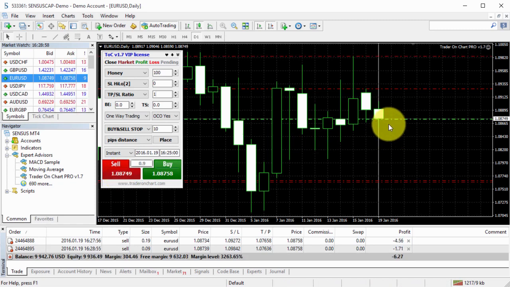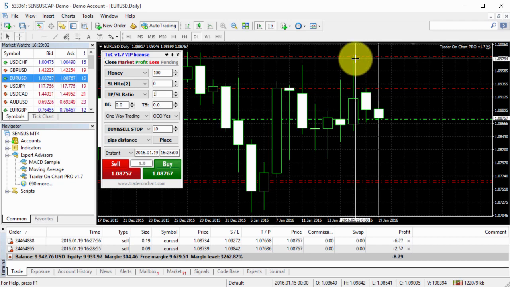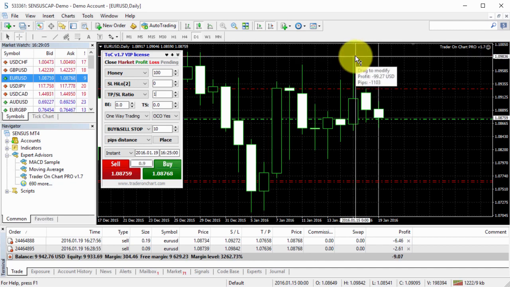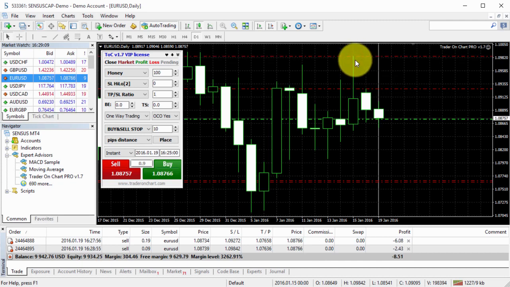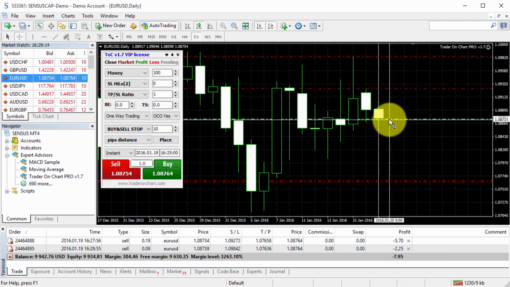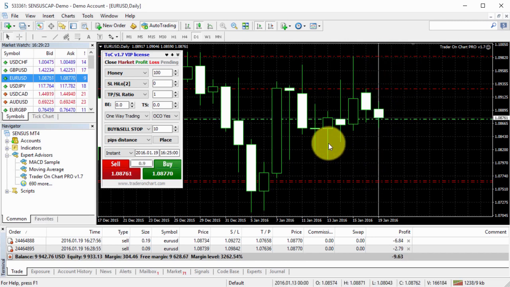Immediately it places another sell trade, and just like I was saying, my stop loss was placed right at this high price, and my take profit is of the same size as the stop loss. So my stop loss is about 110 pips, and my take profit is 110 pips as well.